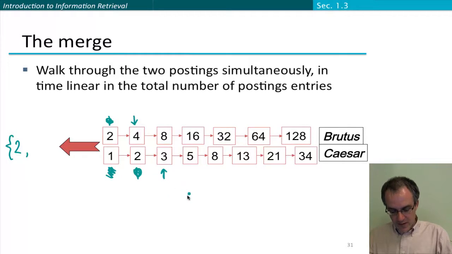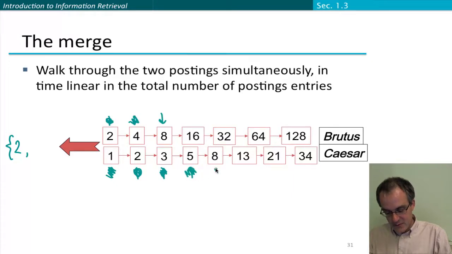No. Is the thing pointed to by the first list pointer greater than the thing pointed to by the second list pointer? No. So we advance the bottom pointer one. Then we say, is the doc ID pointed at by the two pointers equal? No. And so again we advance the smaller one. Equal? No. Advance the smaller one. At this point, they're again both pointing at the same doc ID, so we add that to our result set and we advance both pointers.